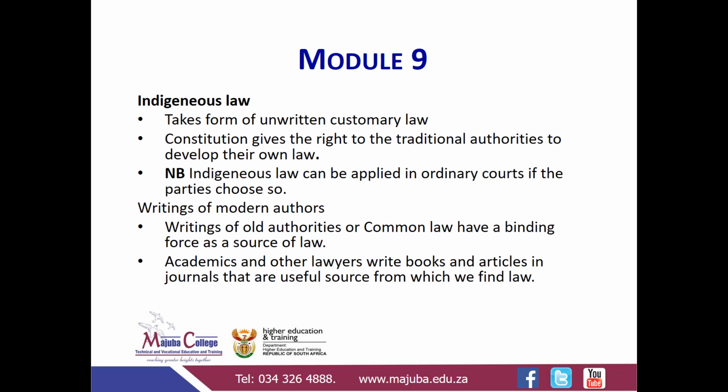Another source would be the writings of modern authors. Writings of old authorities on common law have a binding force as a source of law. Academics and other lawyers write books and articles in journals that are a useful source from which we find law.